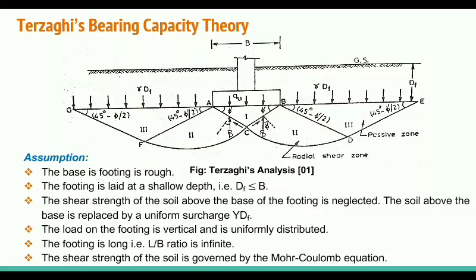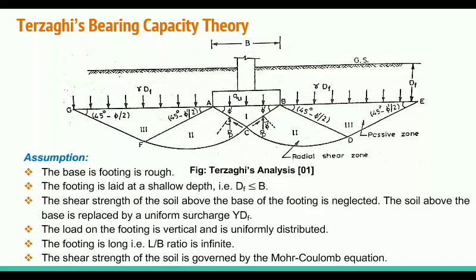The curves CD and CF are arcs of a logarithmic spiral. In the Prandtl analysis also, the curve of zone 2 was a logarithmic spiral. So in this case, that is the same. Two triangular zones BDE and AFG are the Rankine passive zone, that is zone 3.